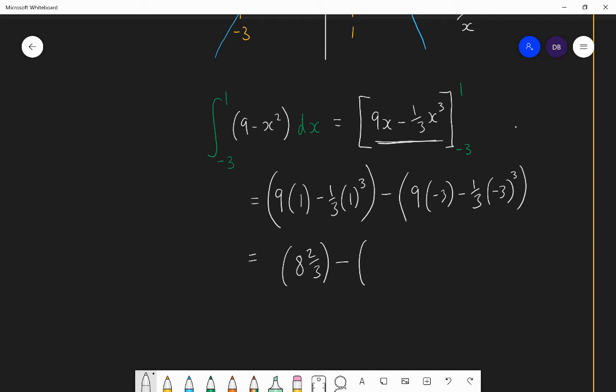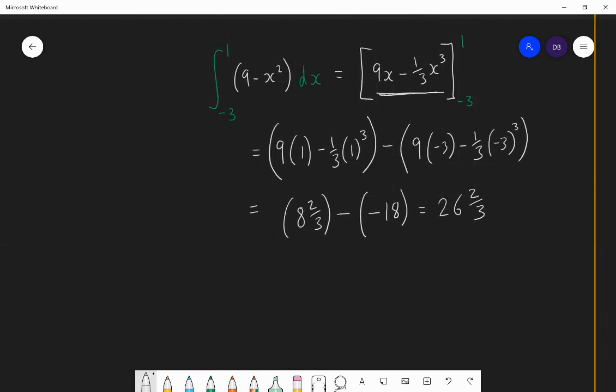And minus a third of that is positive 9. So it's minus 27, add 9, so it's minus 18. And then 8 2/3 minus 18 is equal to 26 2/3, which is still very ugly because it's a mixed number and we don't like mixed numbers. So 80/3, much better. Okay.